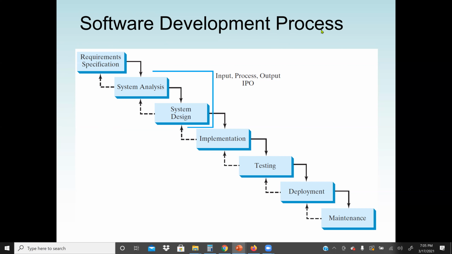So in the software development process, we start with the requirement specification. The requirement specification is where we analyze our problem to know what the inputs are, what the outputs are, and what the functions of the program are. We have two types of requirements. The functional requirement, or the function of a program, is the tasks that the program will perform. We also have the non-functional requirement, which is based on the quality of the program.